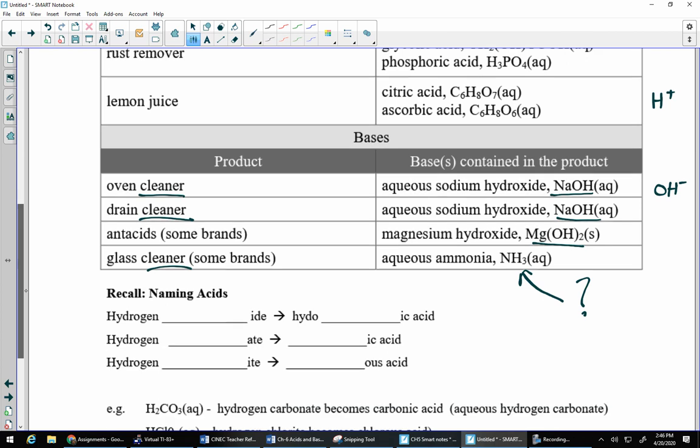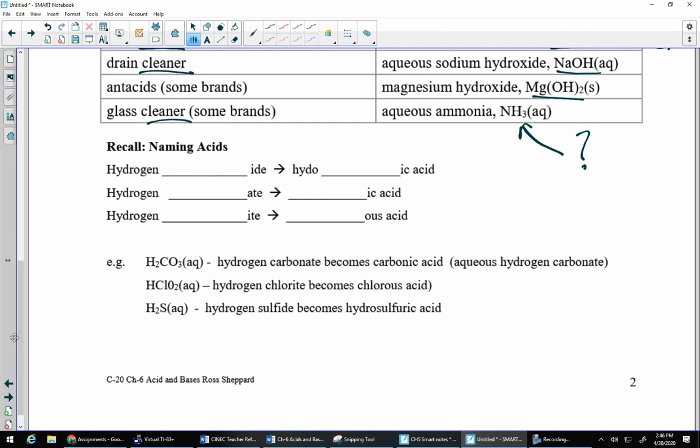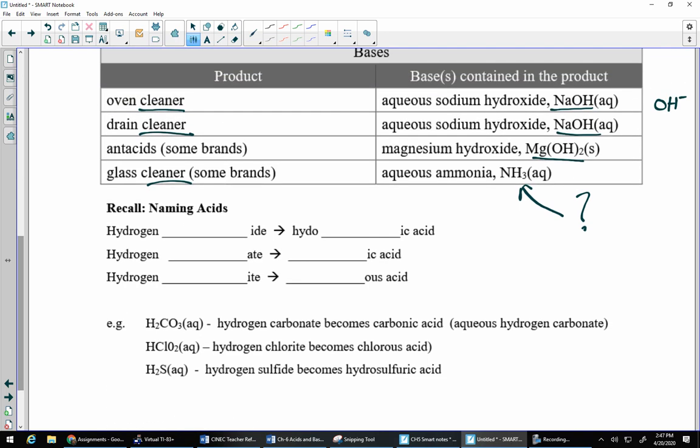Okay. Another thing to look at here is a review of naming acids, because the whole chapter is about acids and bases. We should definitely review how to name them. We've got 3 different endings: hydrogen something ide, ate, and ite.